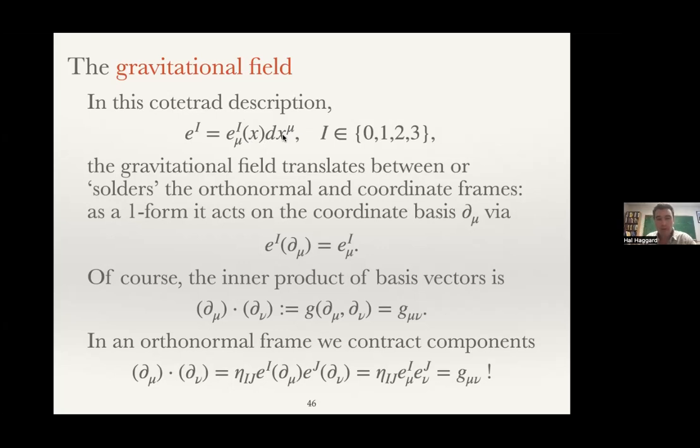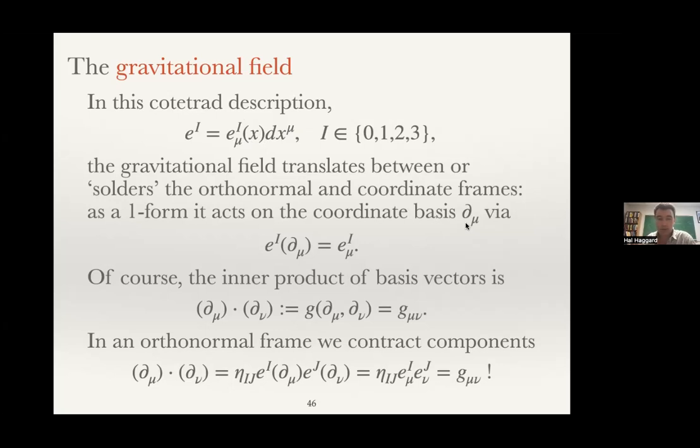And what does it do? It translates between the orthonormal frame that Hartle was describing, that we make our measurements in, and the coordinate frames that our general coordinates use, the partial x mu vectors that build up the general frame of a general coordinate system.